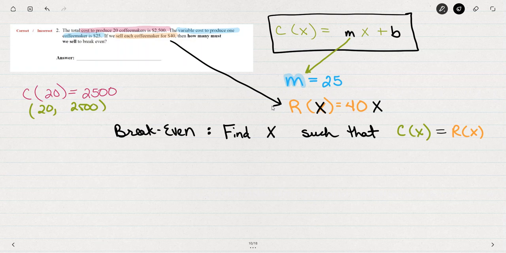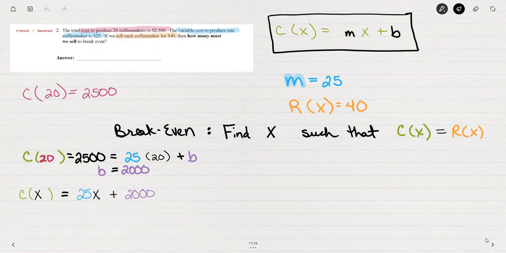So for what value of x does the cost equal the revenue? Here's how we could go about doing that. When we set these two functions equal, so the cost of x equal to R of x, 40 times x, we can find our x.